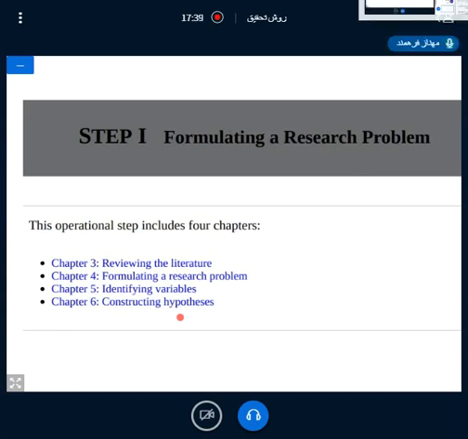Chapter 3, reviewing the literature. Chapter 4, formulating a research problem that you are going to study here. Chapter 5, identifying variables, and Chapter 6, constructing hypotheses. If you have any question from the sections, you can ask me. Do you have any question?